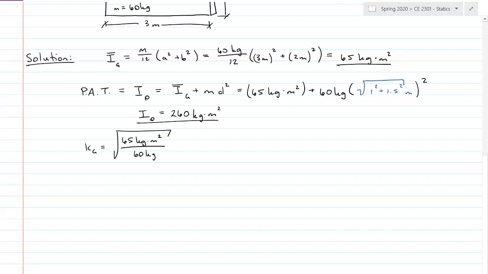You see here that it all works out nicely, that we still end up with a length, 1.04 meters. And k_O is going to be 260 kilogram meters squared divided by 60 kilograms, square rooted, and this is equal to 2.08 meters.